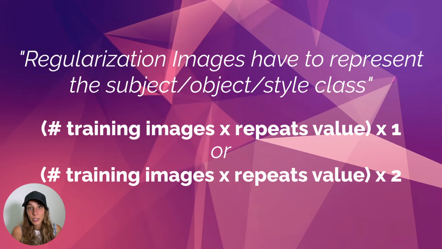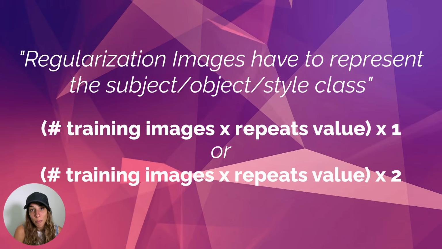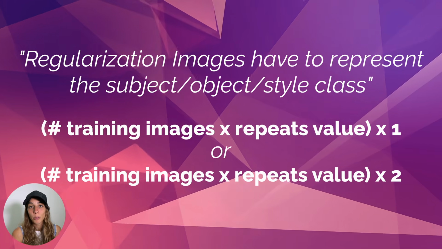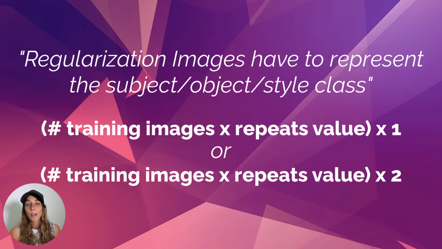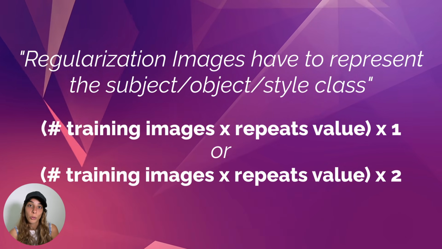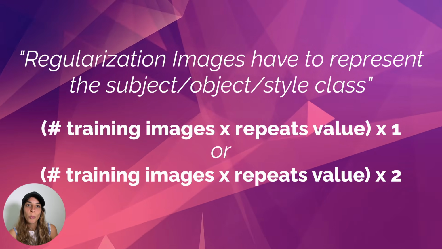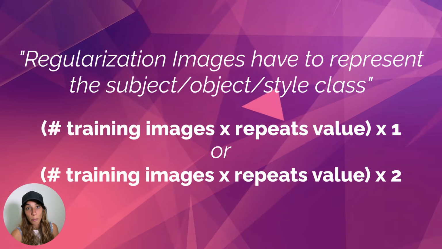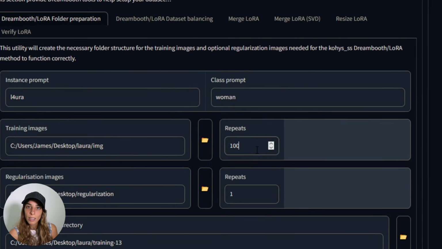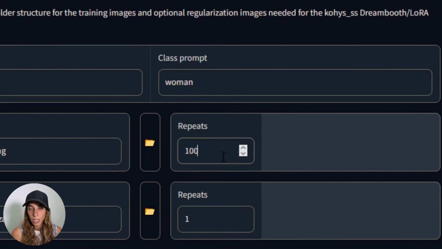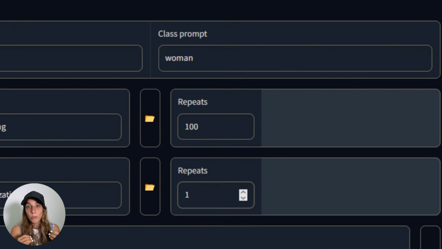How many regularization images? Well, you need to have plenty of them. So if you have 25 images, which is my case, I would recommend you to have at least 1 or 2 images for each training image, and then to multiply this by the repeat number you are going to use. Repeat is one of the parameters you can choose during your Kohya training, and it's very important because this is how many times each individual training image gets put into VRAM.